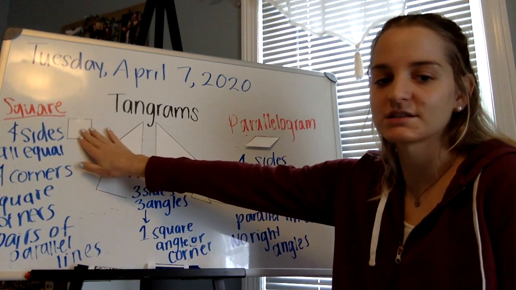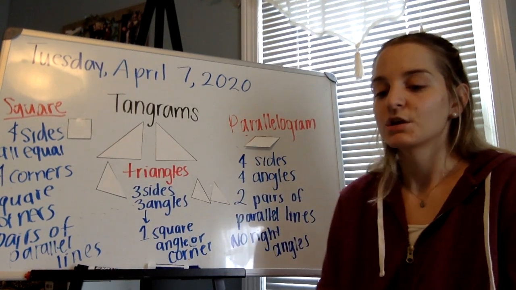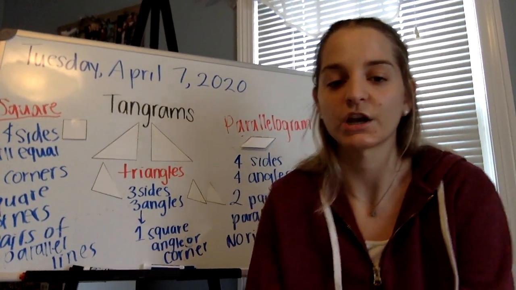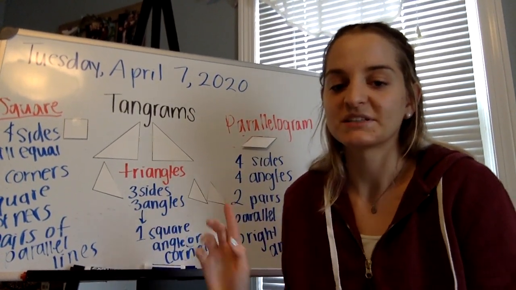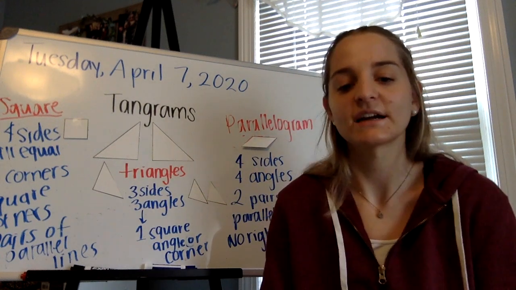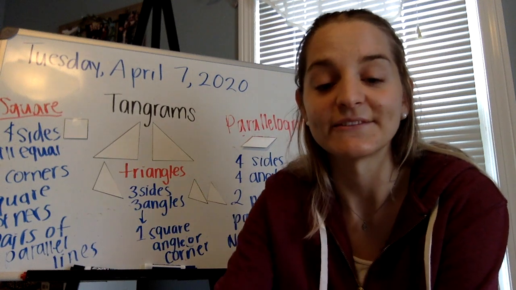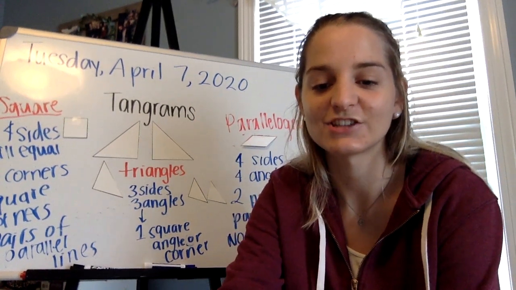We have one square, 4 triangles, and one parallelogram, okay? So like I said, tomorrow we're going to use these shapes to make different shapes, put them together, maybe make a trapezoid or a rectangle or something like that, okay? You do have a seesaw activity for today, so go ahead and get started. Thanks, friends.